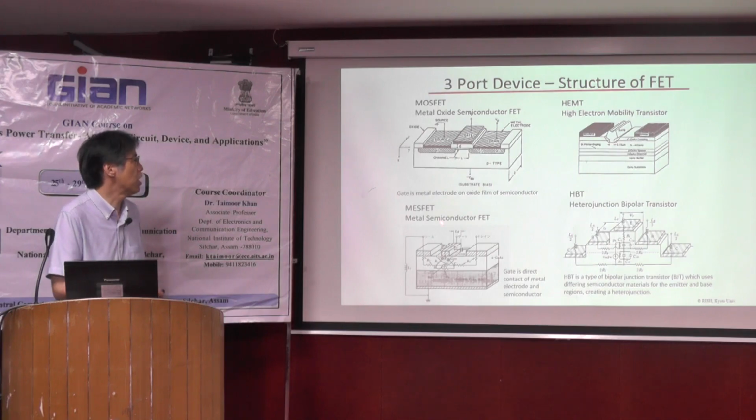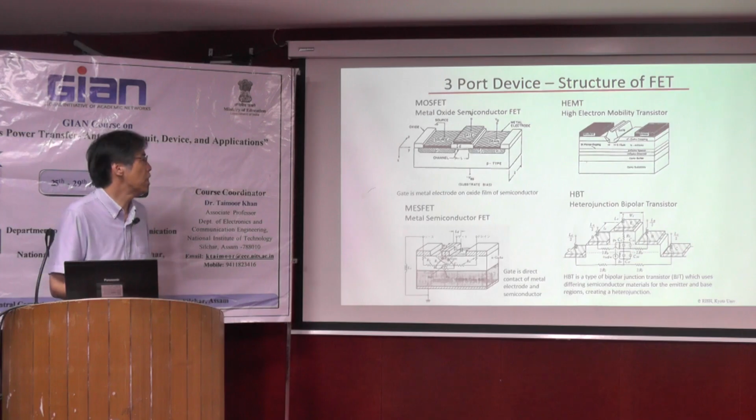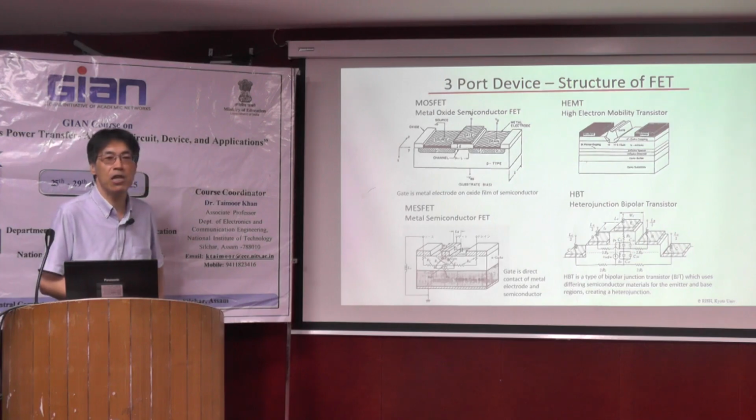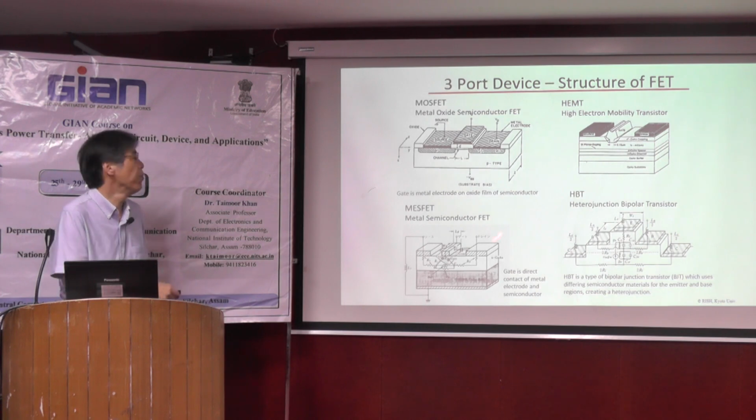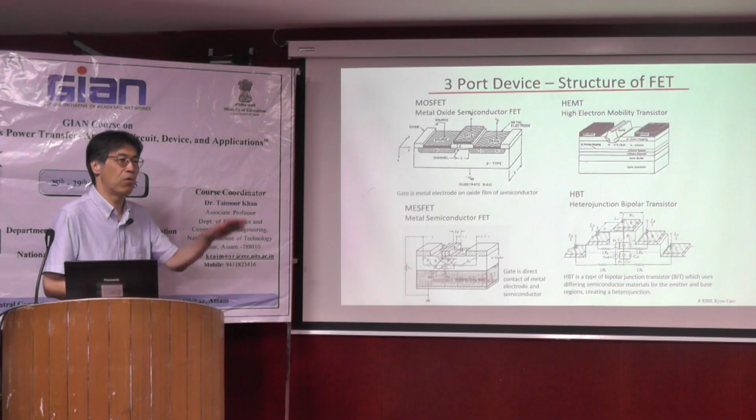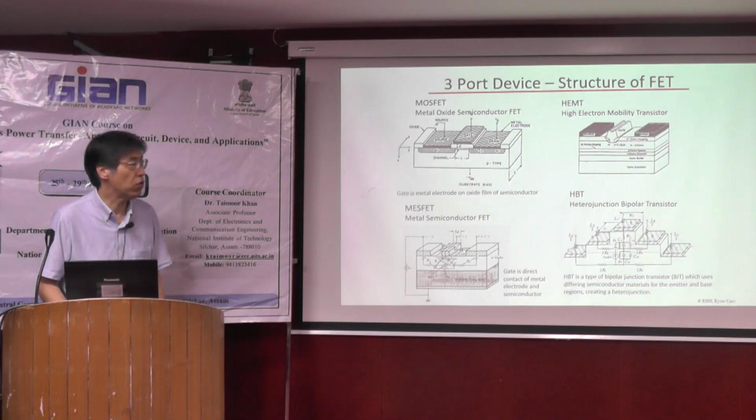And HEMT and HBT are the very high power devices and high efficiency devices. And in the microwave amplifier circuit, we sometimes use a HEMT or HBT or MESFET. MOS is a very cheap device, and we apply mainly MOSFET for the lower frequency application.